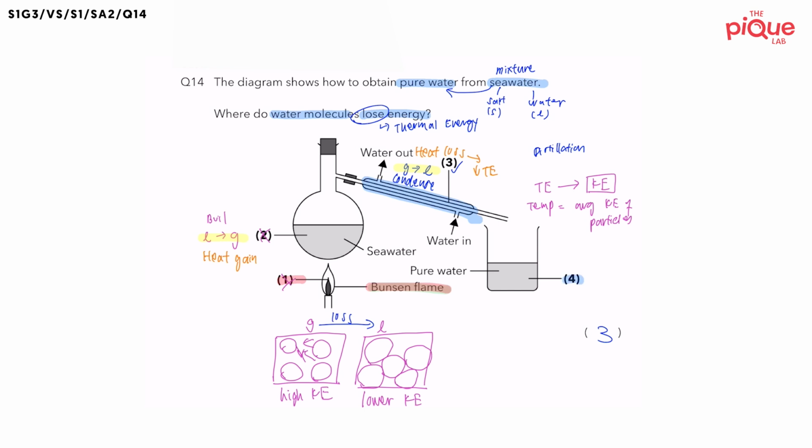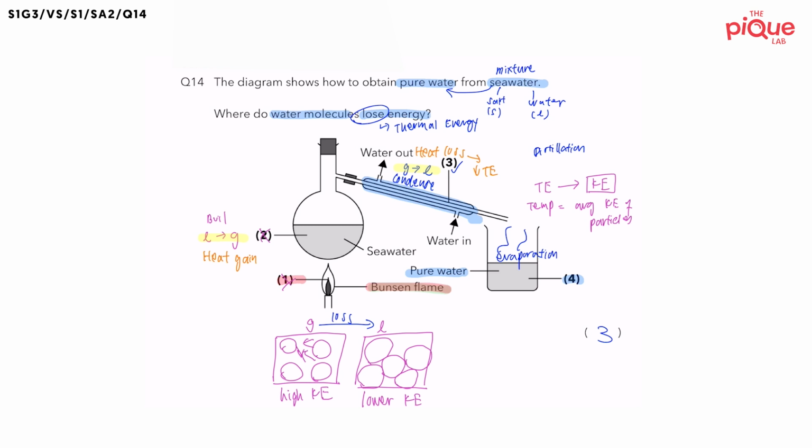What about option 4? We are looking at a beaker of pure water. Do you think that anything is happening to the pure water? The answer is yes. Imagine a cup that you have placed outdoor for a couple of hours. Eventually, do you think that the water level in the cup will rise or fall? The water level in the cup would fall, and that is due to the process of evaporation. In evaporation, what is the state change that we are looking at?